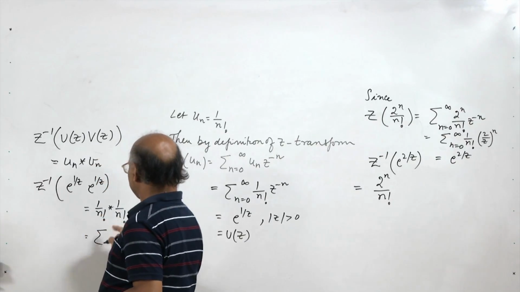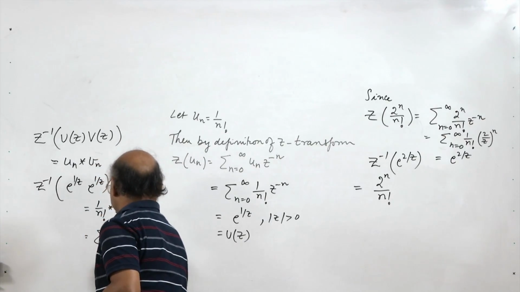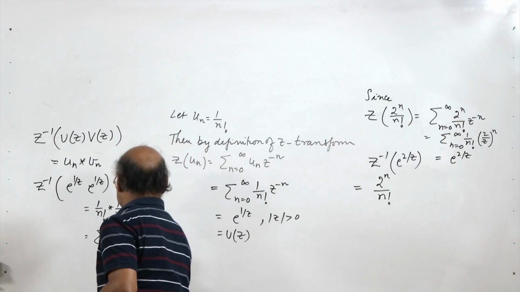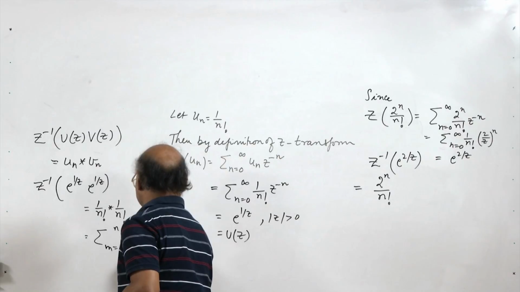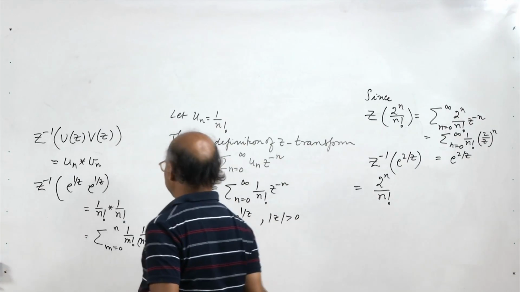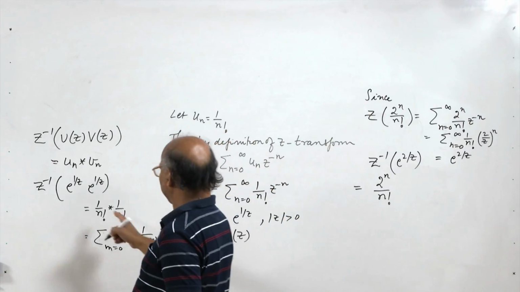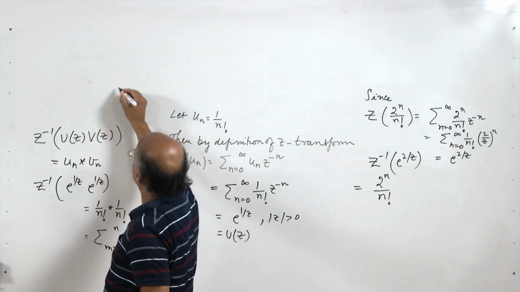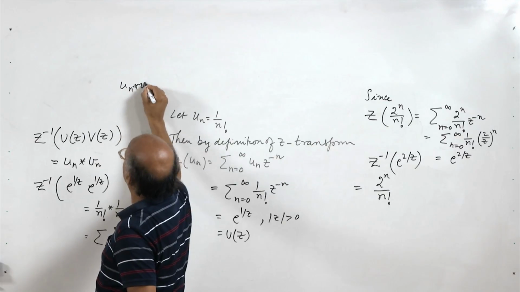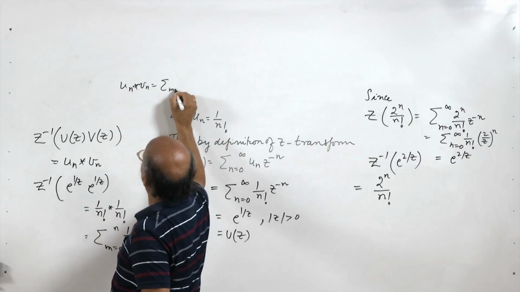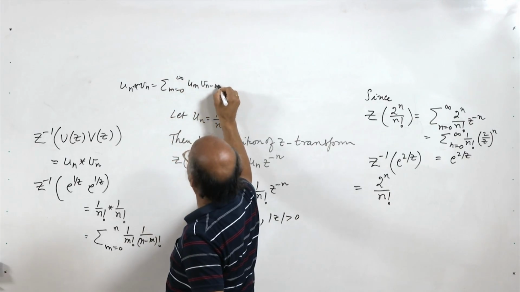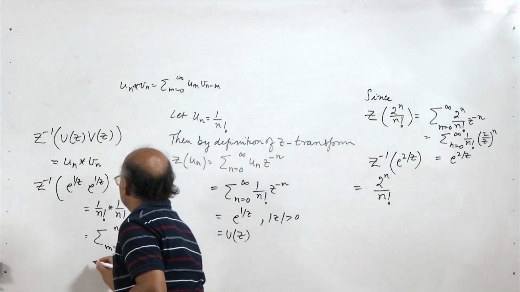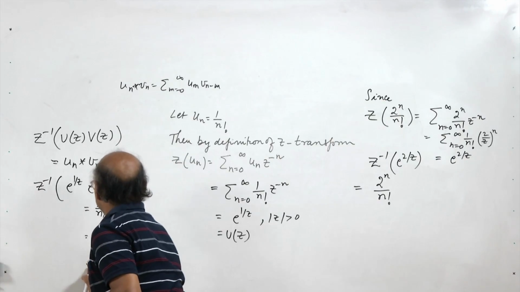So, un star vn is sigma m equal to 0 to n um, which is 1 by m factorial into vn minus m, so 1 by n minus m factorial. By definition of convolution we can see this, we know that un star vn is summation m equal to 0 to n um vn minus m. So, I have just put the values here. Now, I can multiply and divide by n factorial.